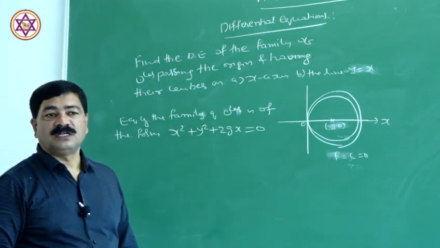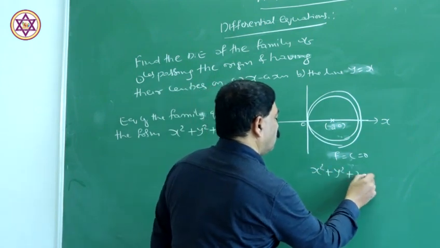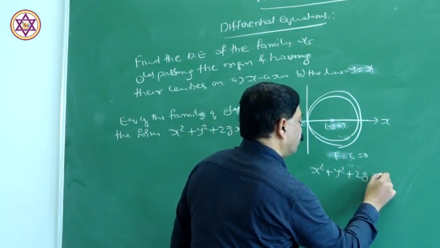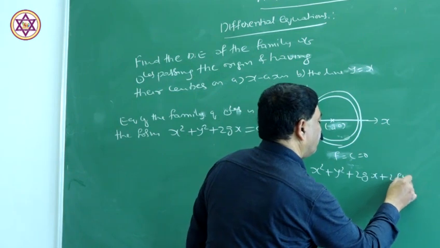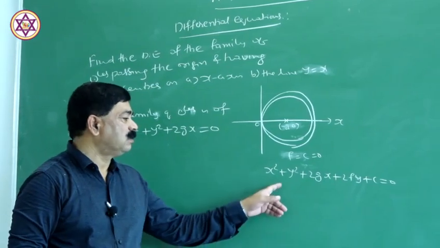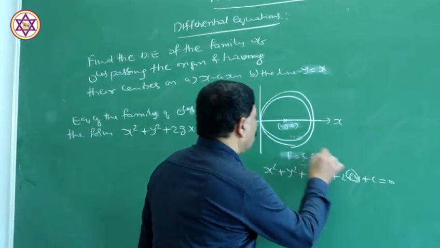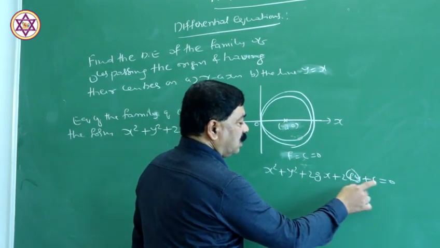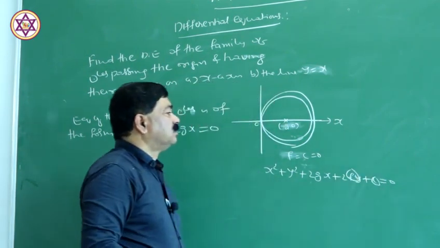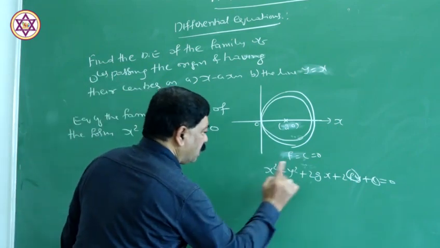General equation of a circle is x squared plus y square plus 2gx plus 2fy plus c is equal to 0. This one is the general equation of a circle, center minus g comma minus f. Here f is 0 because the center lies on the x-axis. c is also 0 because the circle passes through the origin. Therefore, the remaining terms are x square plus y square plus 2gx.